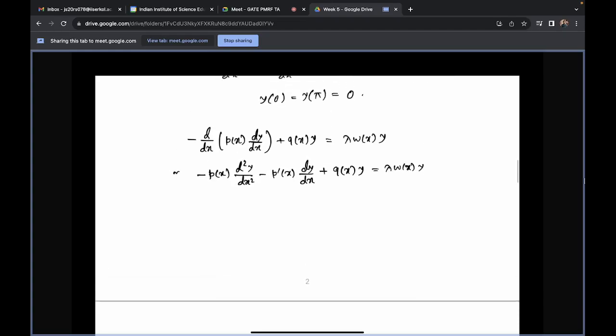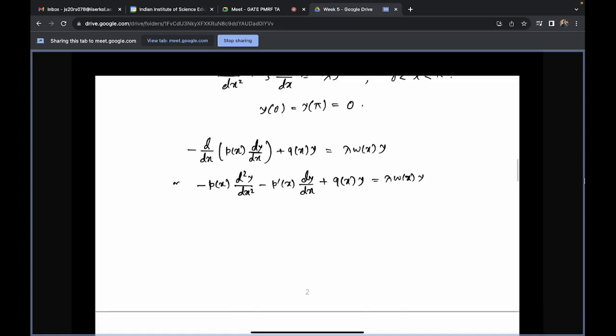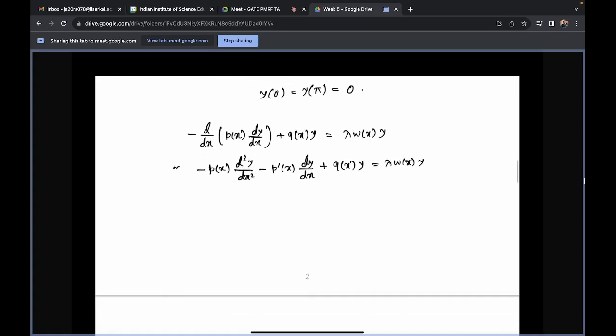Now assume here p(x) is non-zero, identically not equal to 0, otherwise it will be a first-order differential operator. Therefore let's divide by minus p(x).